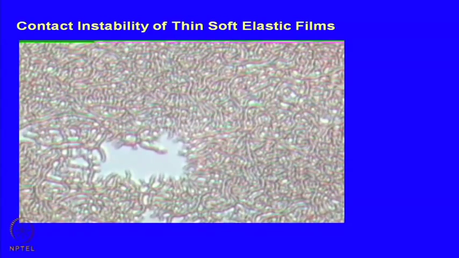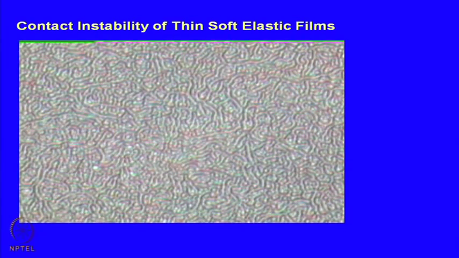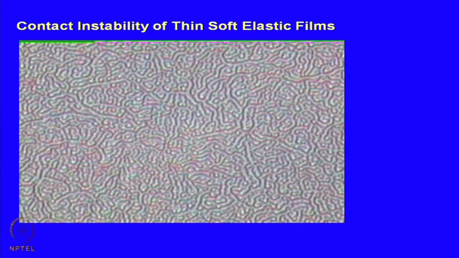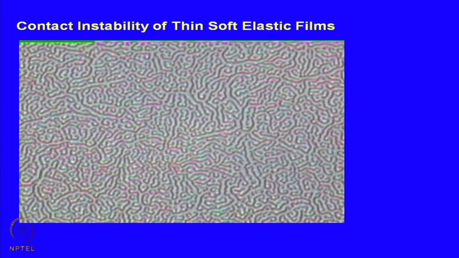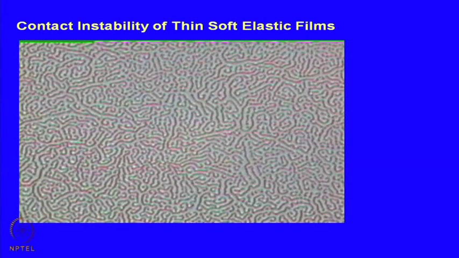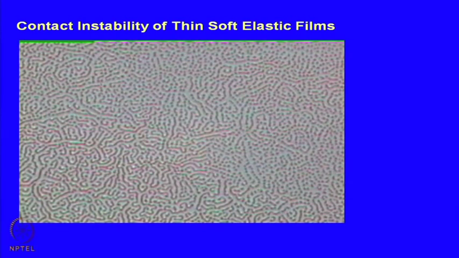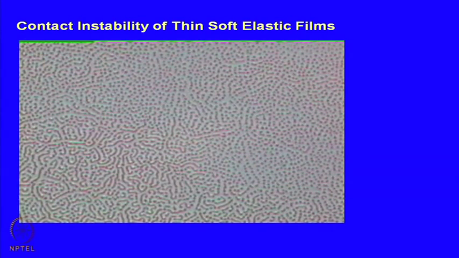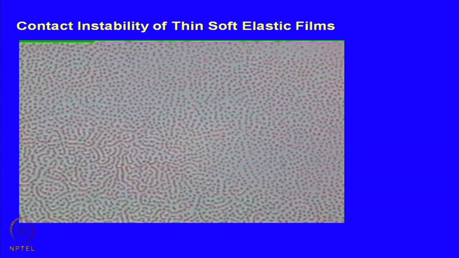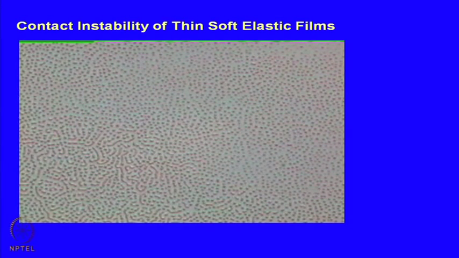All over the film surface the structure transforms to bicontinuous labyrinth like structures, and on further approach these get transformed into isolated holes, before the contactor and the film come in absolute conformal contact.